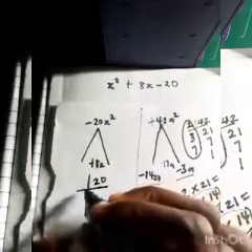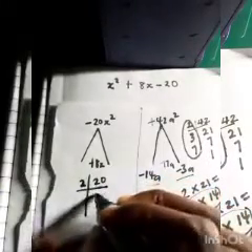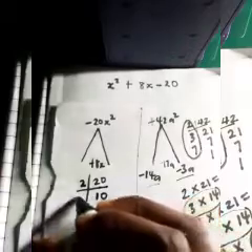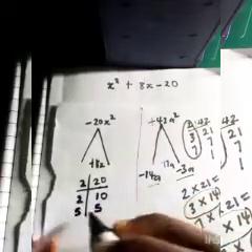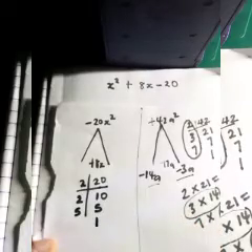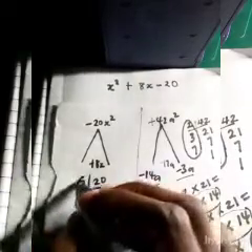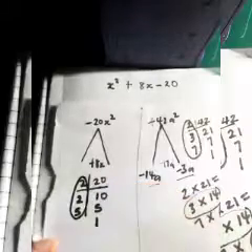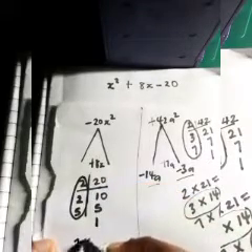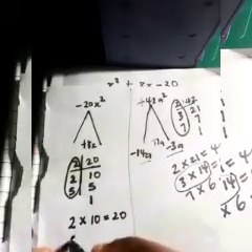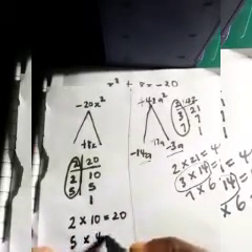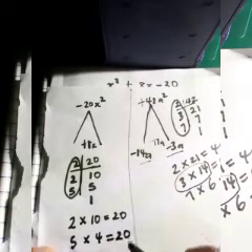Now 2 in 20 give us 10. 2 in 10 will give us 5. And 5 in 5 will give us 1. What we need is right here. Now 2 times 10 give us 20. And 5 times 4 will give us 20.